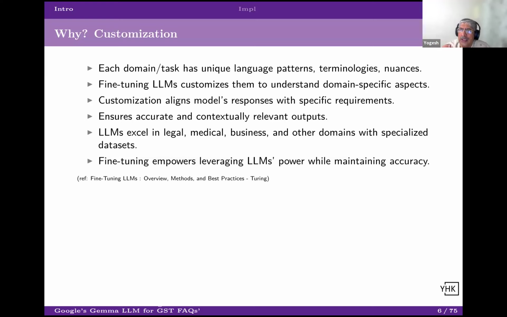Why? Because we need accurate results. If it is very generic, it may give wrong answers, very generic answers, which are not useful. So fine tuning ensures accurate and contextually relevant outputs. That's the main idea. So like in different domains, we can fine tune models.